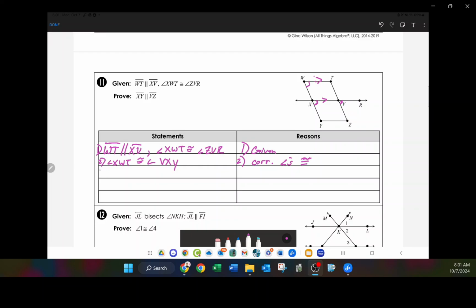Which by the transitive property would give me that angle VXY is congruent to angle ZR. And because these are corresponding angles that I've just proven were congruent, XY is parallel to BZ, because of the corresponding angles converse.